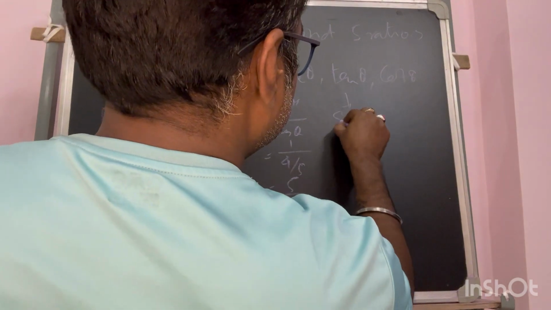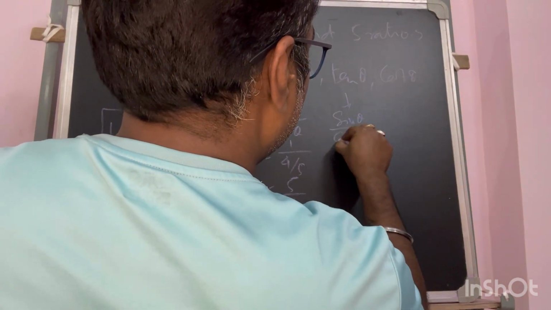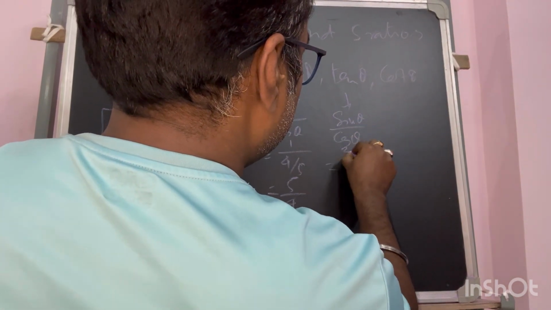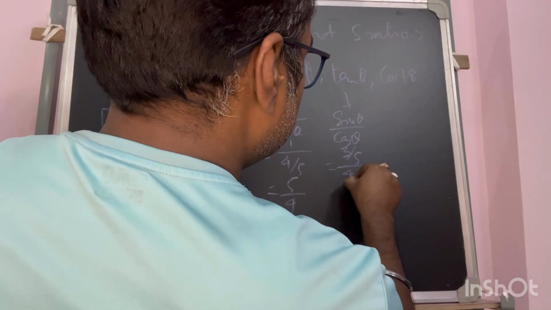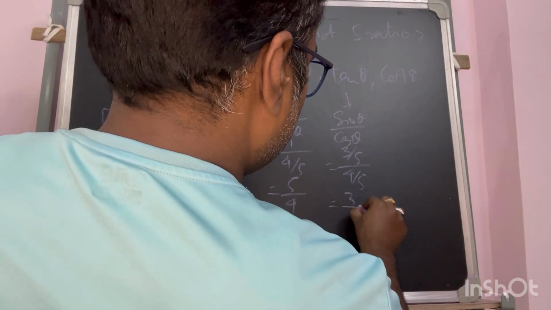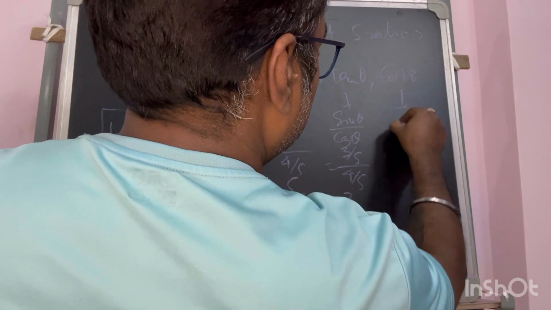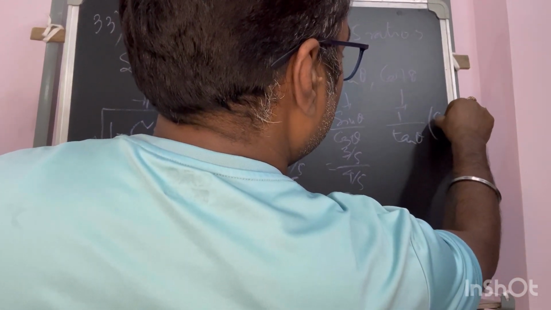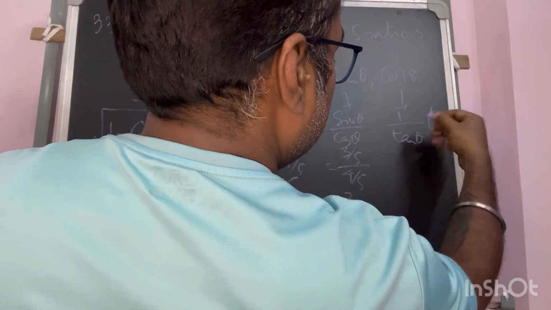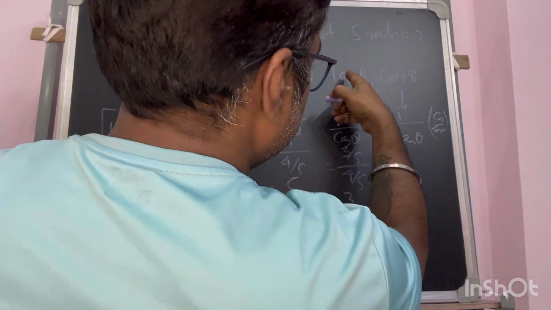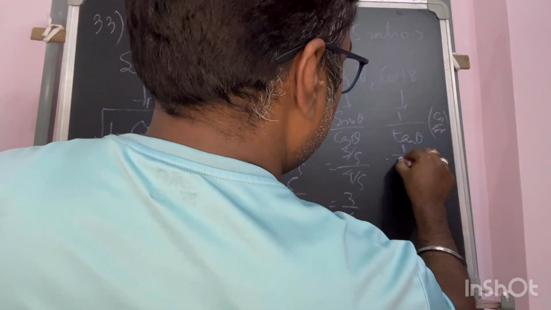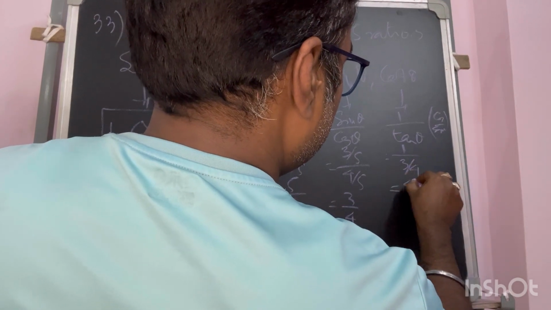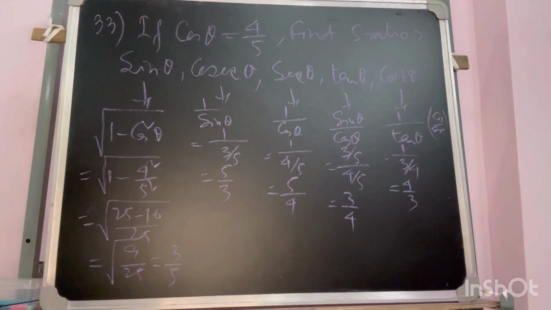Tan theta is sin theta by cos theta, sin theta is equal to 3 by 5, cos theta is equal to 4 by 5, so 3 by 4. Cot theta is 1 by tan theta, or you can say cos theta by sin theta, anything you can use. Here as tan theta is available, we will use it directly. 1 by 3 by 4 is equal to 4 by 3. So these are the other ratios.